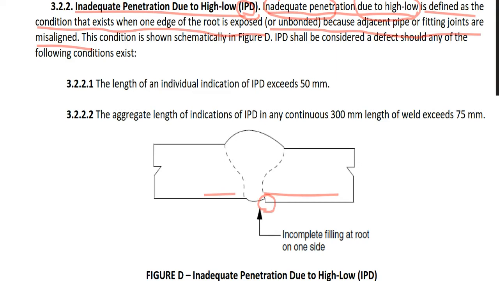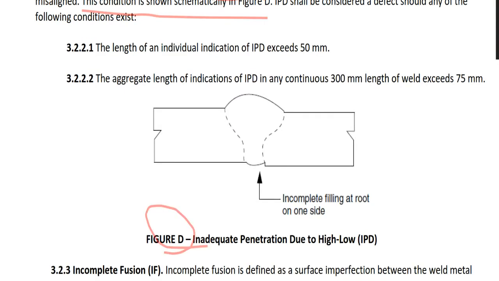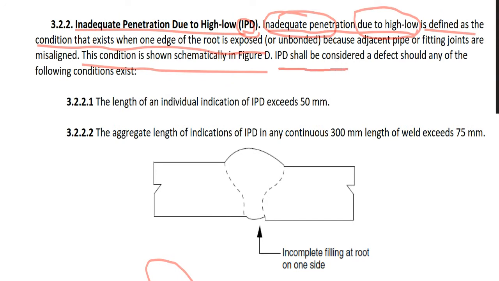As a result of the misalignment, IP is created, and this is called IP due to high-low. This condition is shown schematically in Figure D. This is Figure D. IPD shall be considered a defect should any of the following conditions exist.